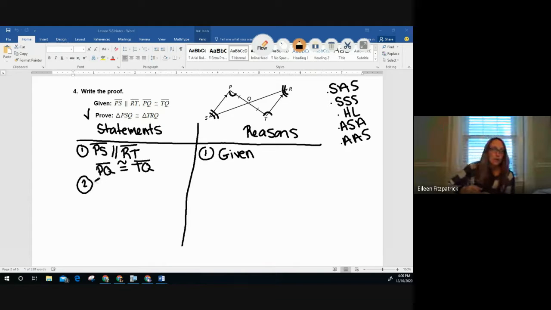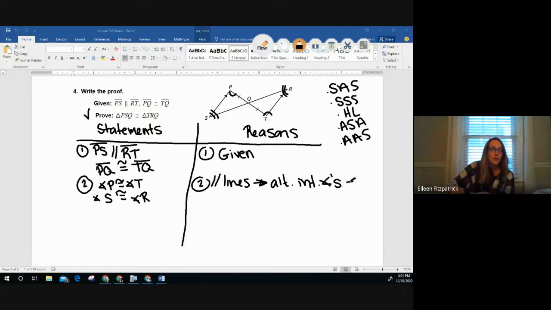So I'm going to write both of those down, that angle P is congruent to angle T, and angle S is congruent to angle R. And your justification is parallel lines imply alternate interior angles congruent.